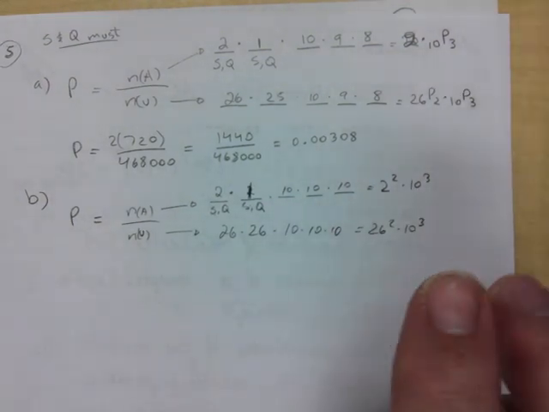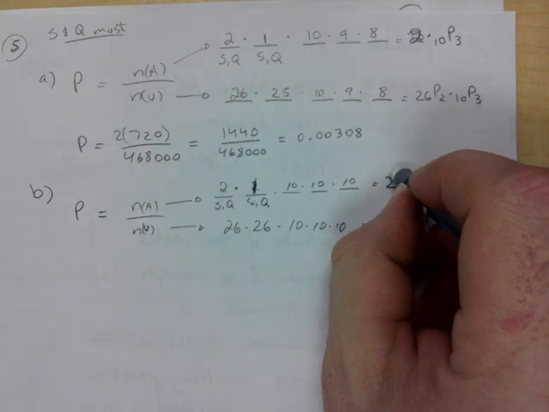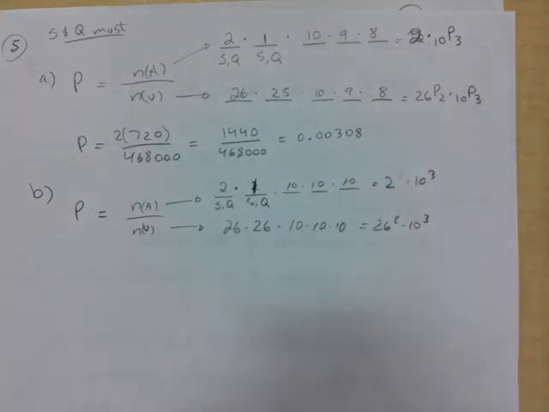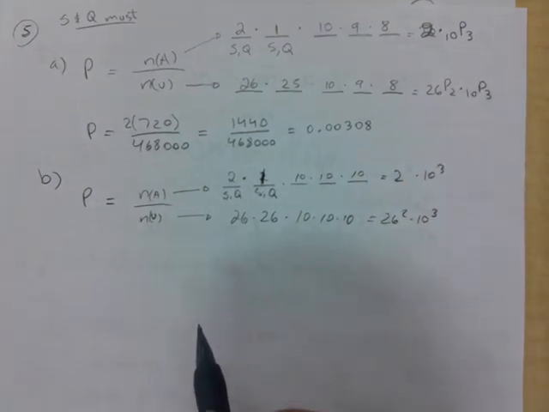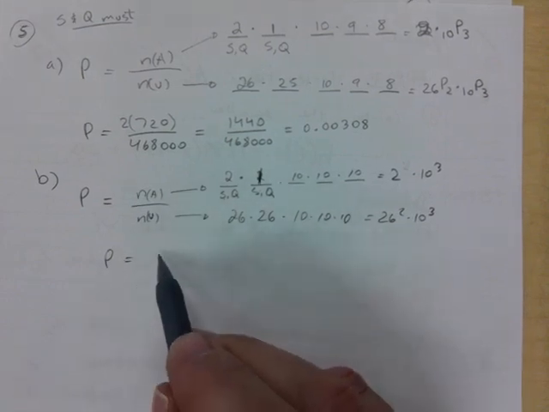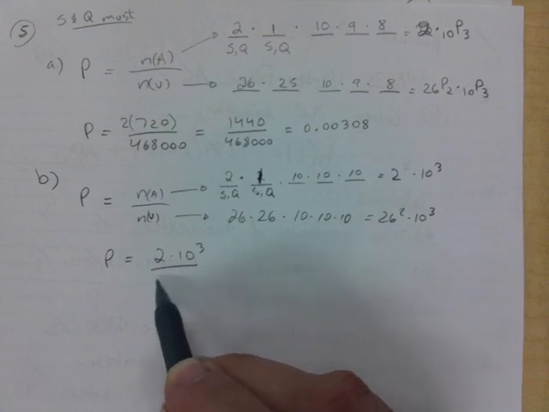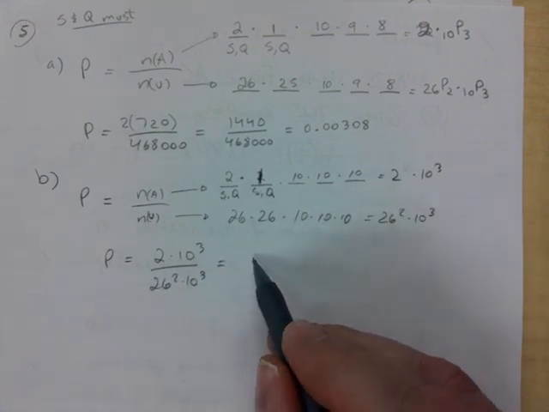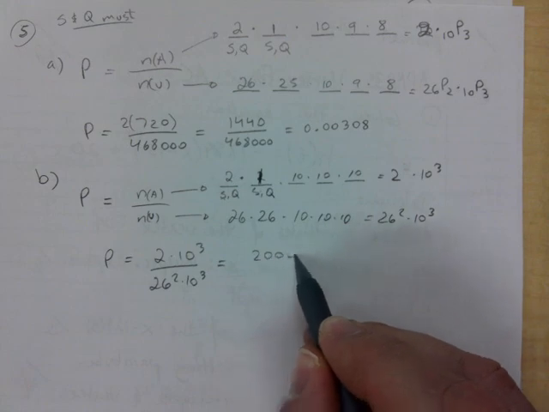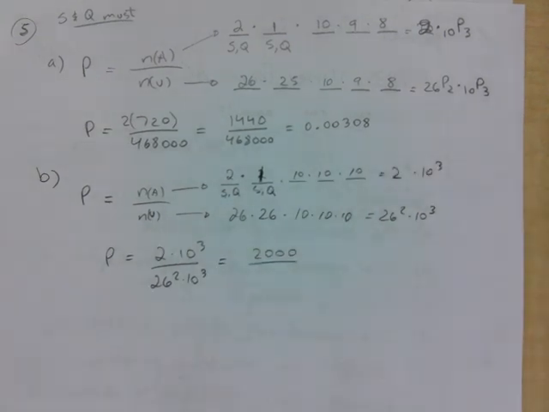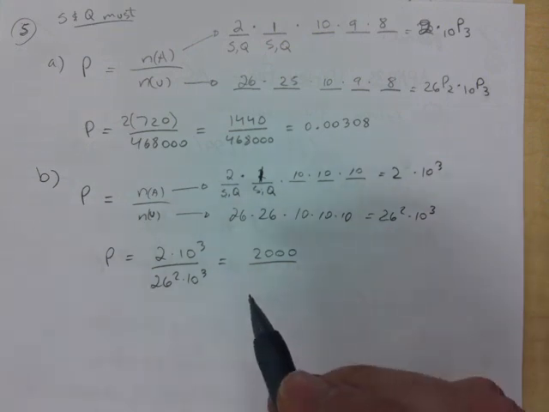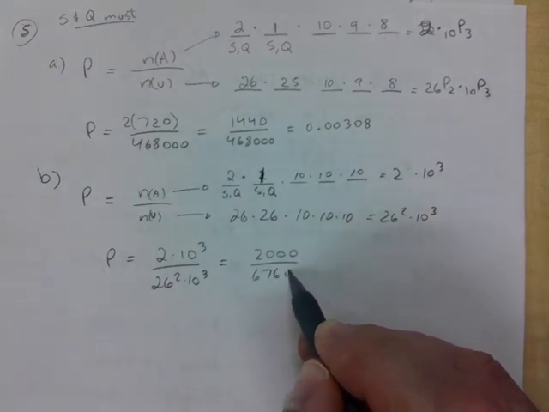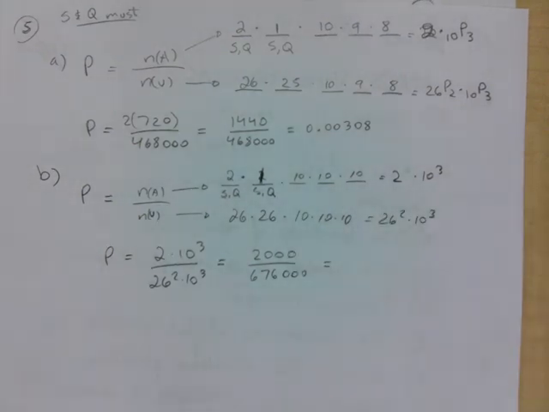So it's just 2 times 10 to the power of 3. That's what it is. Yeah, I was just reading that. So probability is 2 times 10 to the power 3 over 26 squared times 10 cubed. And so that's 2,000 over 676,000. Okay.